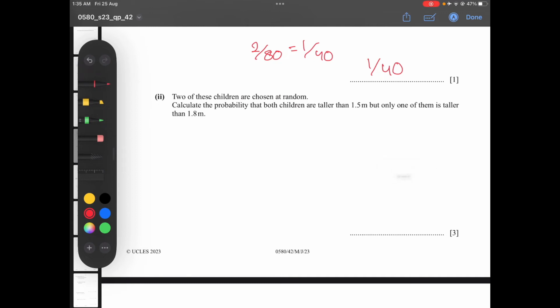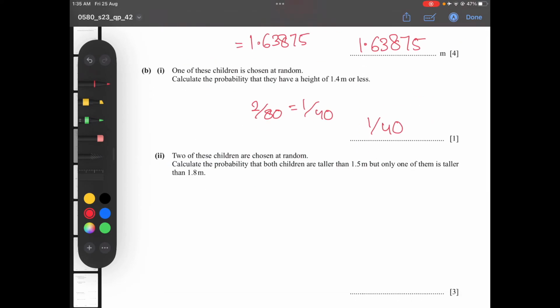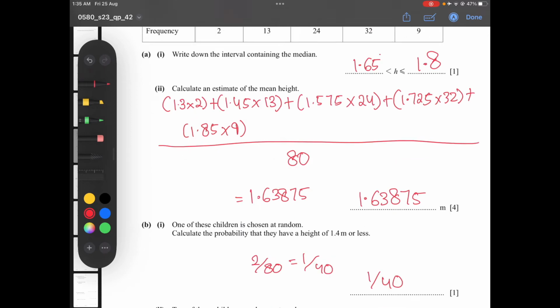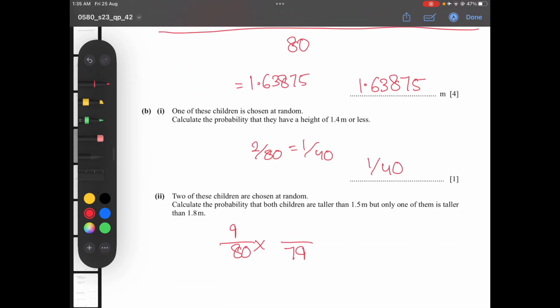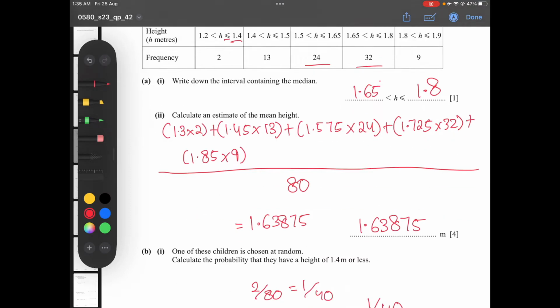Two of the children are picked at random. Calculate the probability that one of them is taller than 1.8 and the other is taller than 1.5 but not taller than 1.8. So you want one who is taller than 1.8. There are 9 children, so 9 out of 80, and the other one will be out of 79 since one is already picked. He should be taller than 1.5 but not taller than 1.8. So this covers this region and this region, so it's 24 plus 32, which is 56.